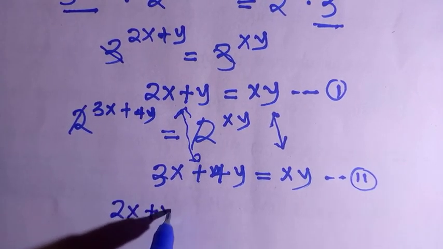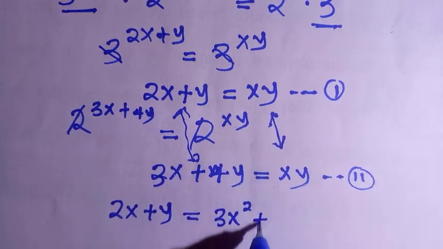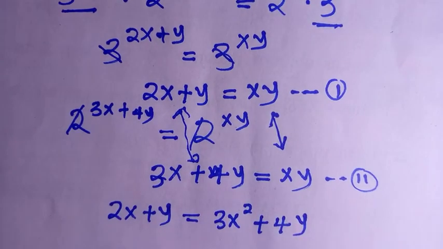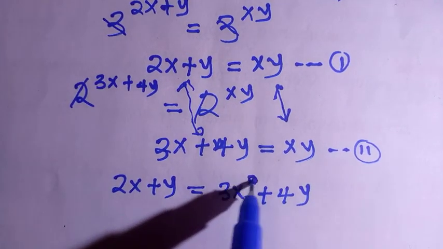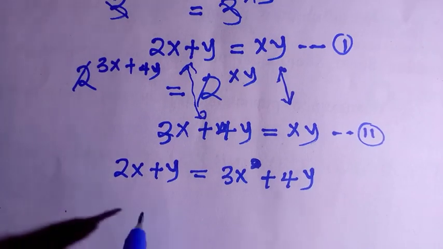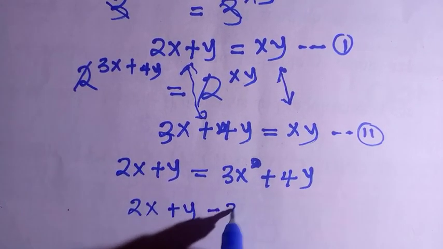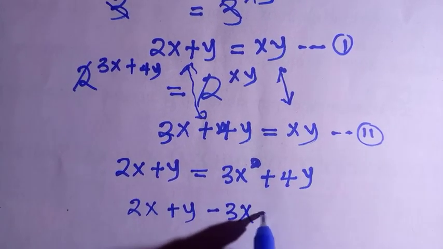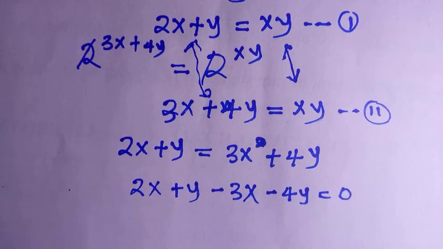So by combining this, we have 2x plus y equals 3x plus 4y. By taking 3x plus 4y to the left hand side, we are going to have 2x plus y minus 3x minus 4y equals 0.